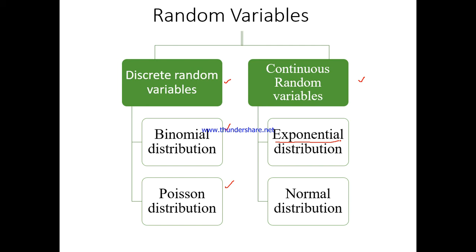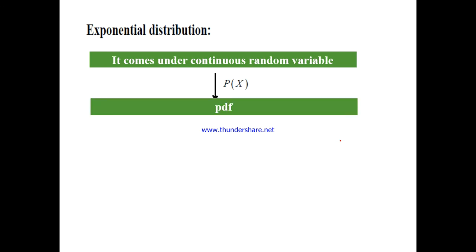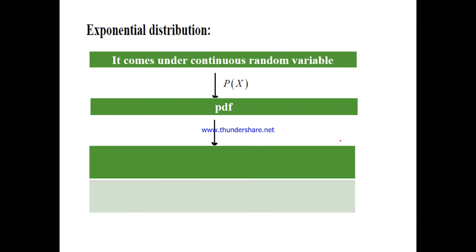When we look into this mind map, it's very clear that exponential distribution comes under continuous random variable. We know that from continuous random variable, the necessary and sufficient condition for P of x to be a probability density function is these two conditions.